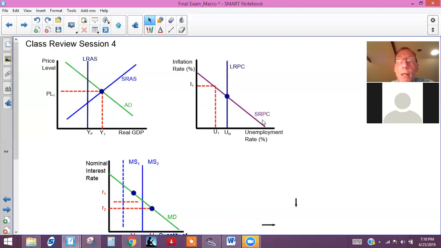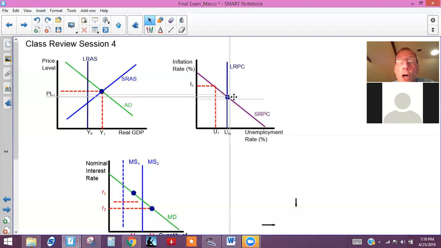there's only one downward sloping curve, and the long run Phillips curve is perfectly inelastic, it's vertical. The only way that you're going to get from an unemployment level that's below the natural is to move down along the line.